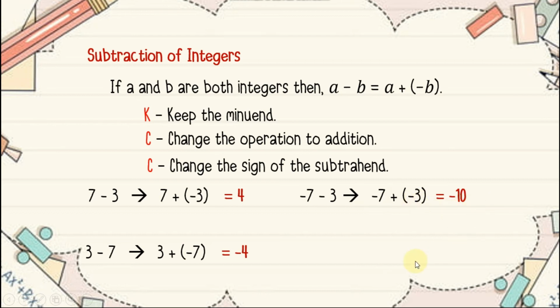The sum is negative 10. Next, 3 minus negative 7. So doing the KCC, keep positive 3, change the operation, you change the sign of negative 7, it will become positive 7. So add the numbers, keep the common sign which is positive, the sum is positive 10.